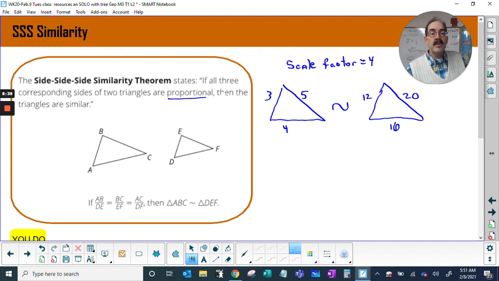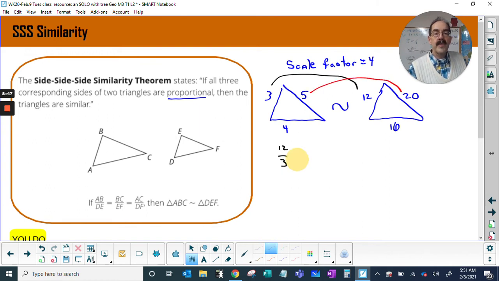All the sides are in proportion. So 3 to 12. 5 to 20. 4 to 16. Notice how they all equal 4.